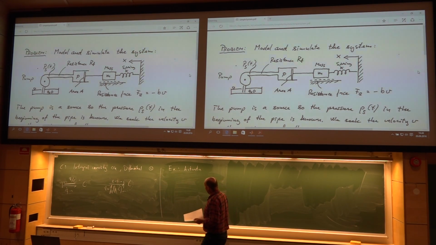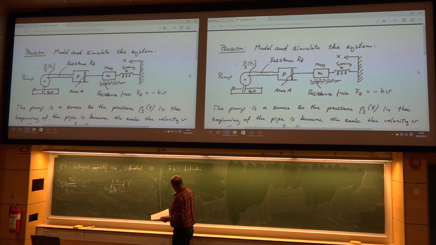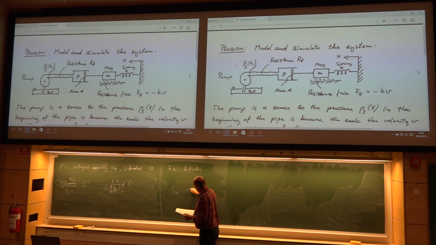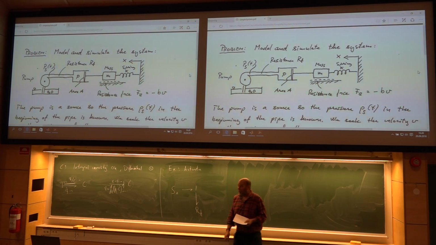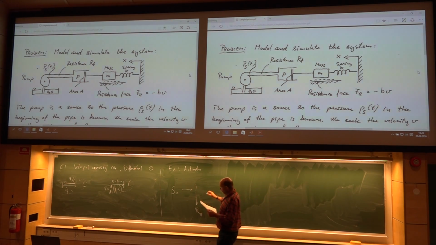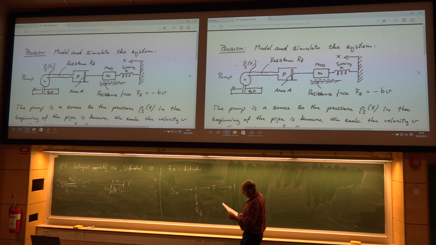We had gotten as far as the following: an effort source hitting one junction with this laminar friction in the pipe, continuing here to a transformer, continuing to a one junction where we had mass, we had a spring, and we had an RB.